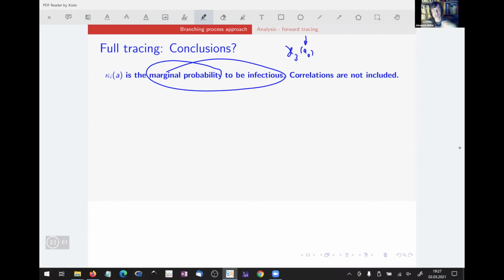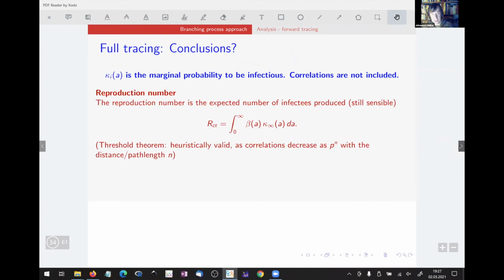And then we repeat it, and therewith we get an estimation of this probability. But that does mean that we have no information about all other individuals. So we really have a marginal probability distribution. No correlations are taken into account. We need to understand that to have a proper interpretation.